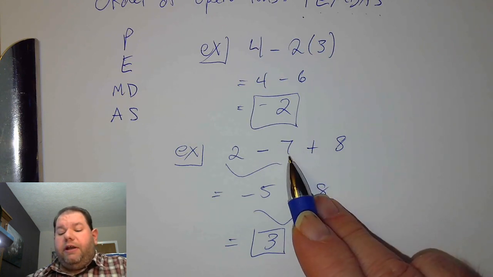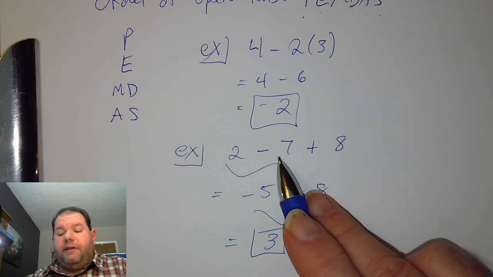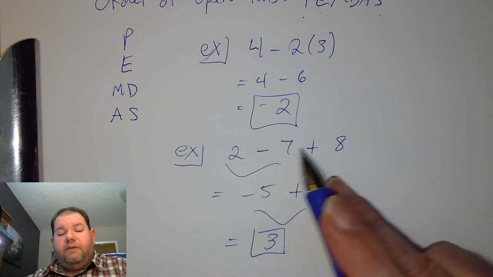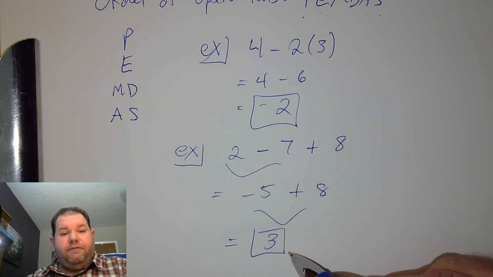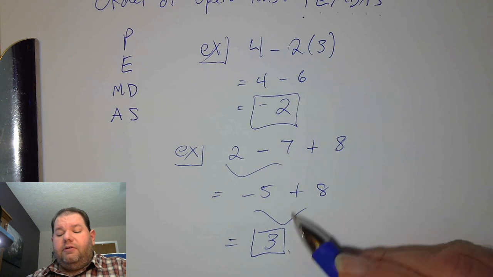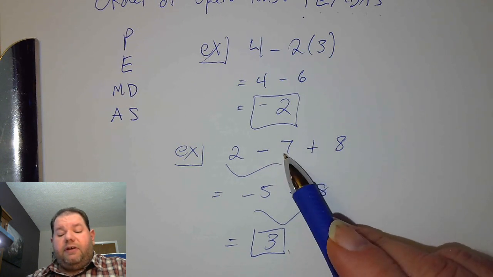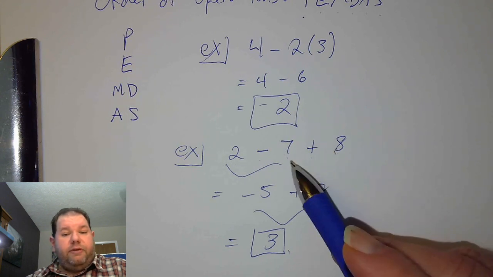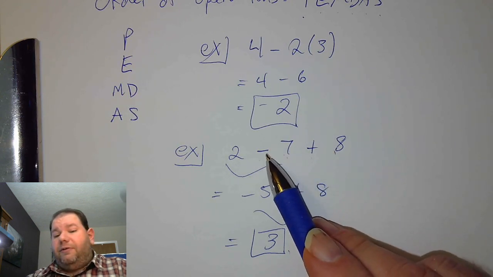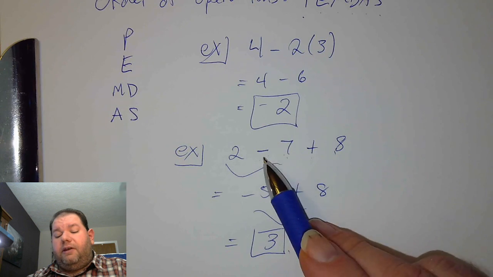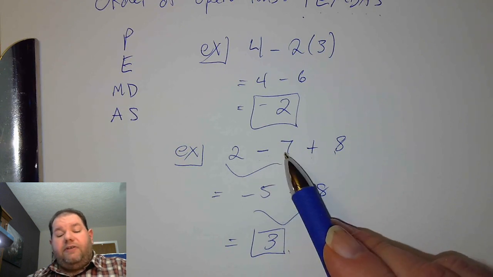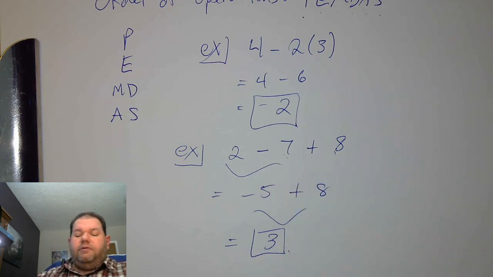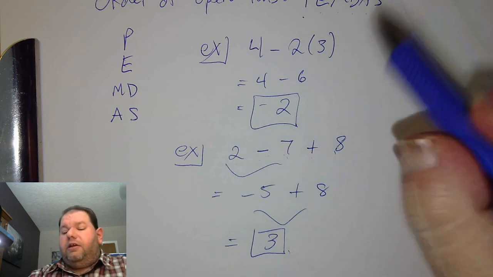A lot of people want to add the 7 and the 8 first, and they make that a 15, but then they do 2 minus 15. You get a completely different answer there. Now, if we remember that this is actually a negative 7, and then add the 8 to that, there's no harm in doing that one first, as long as we attach the minus, the subtraction, as a negative sign to that number. So there are ways around that confusion that a lot of people have.